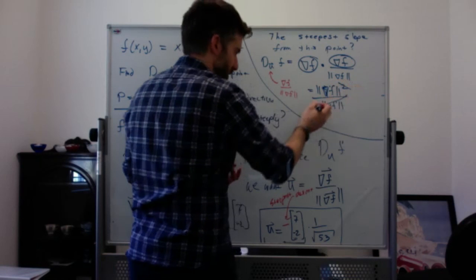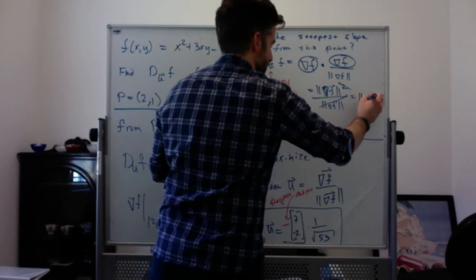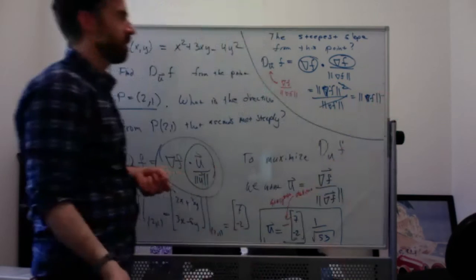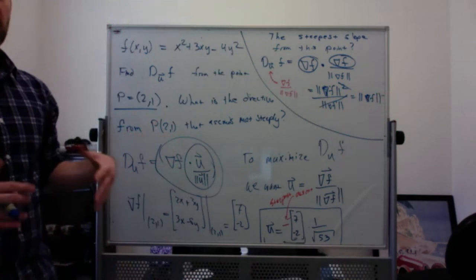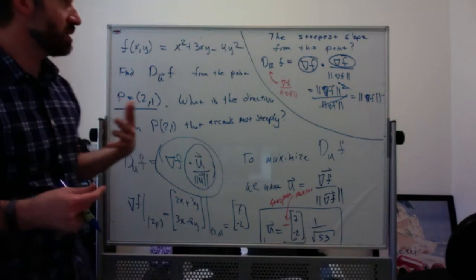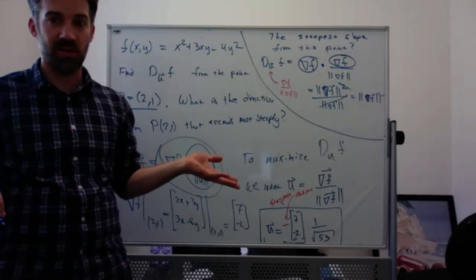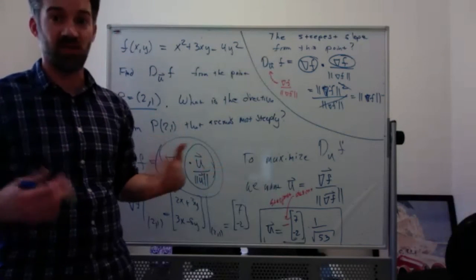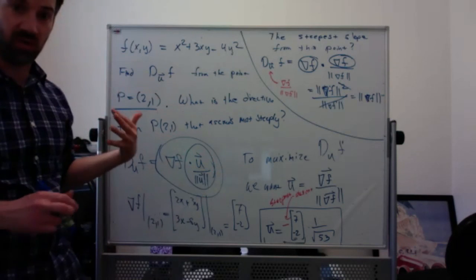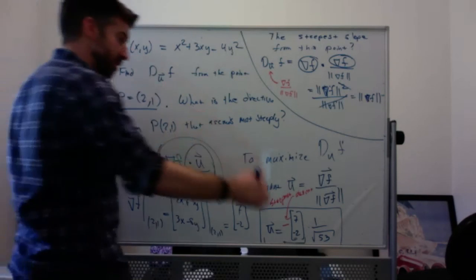But one of those cancels, and you just get the magnitude of the gradient. Sorry, I'm getting a little sloppy there. So here's the very short answer to a long question. What's the steepest slope from that point? It's whatever the magnitude of the gradient is at that point. So you don't have to do all this directional derivative stuff to answer that particular question.